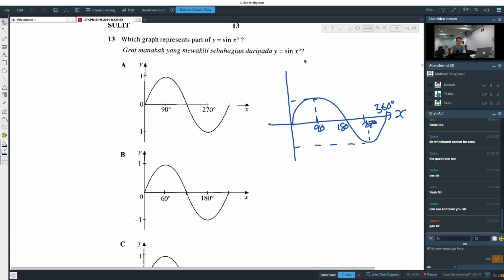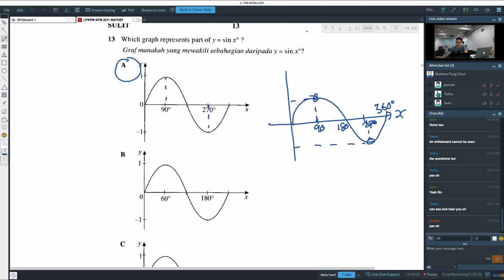So in the x-axis, the maximum should be at 90 degree, the minimum should be at 270. So maximum must be at 90, minimum is 270, so the answer will be A.